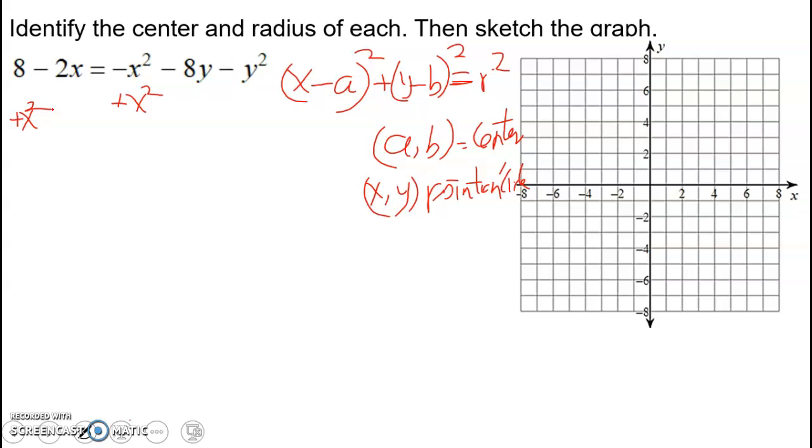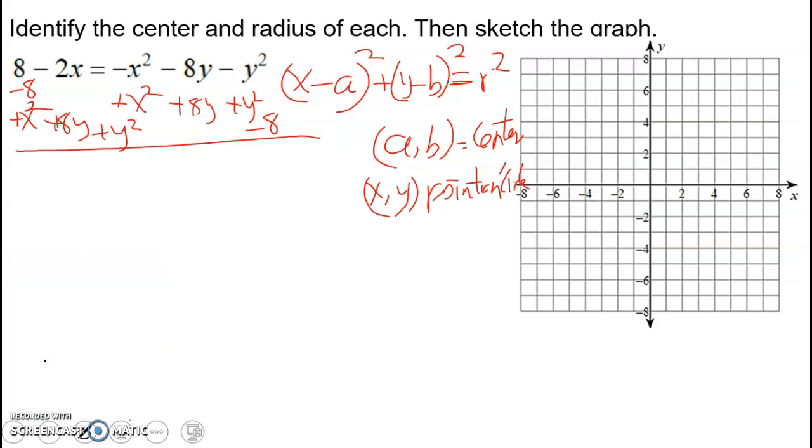And then we're going to add 8y to this side too. And then we're going to add y squared also. Make sense? So we are moving everything to the left side. We are going to subtract 8 because 8 is a constant. We want it to go to the other side. We subtract 8.